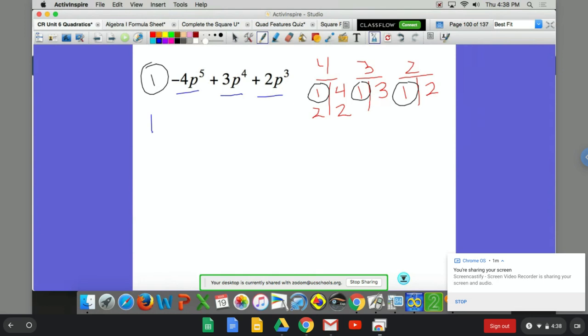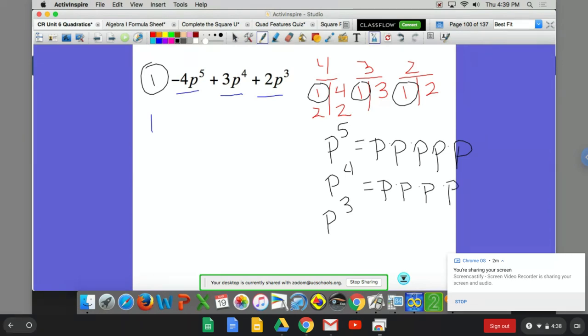And so with the variables, we have p to the 5th, p to the 4th, and p to the 3rd. So really, we have p times p times p times p times p. And then for p to the 4th, we have p times p times p times p.